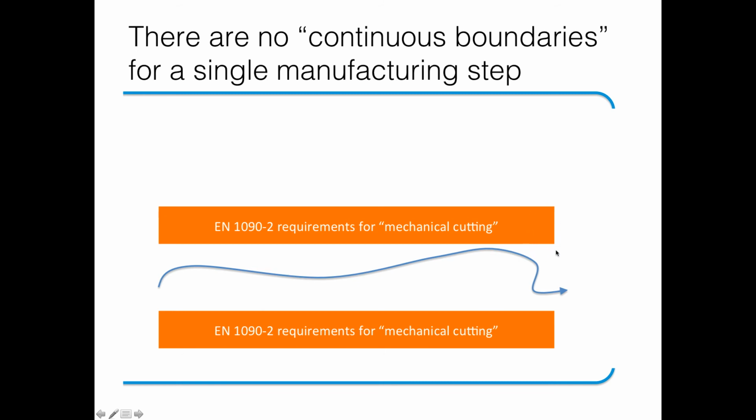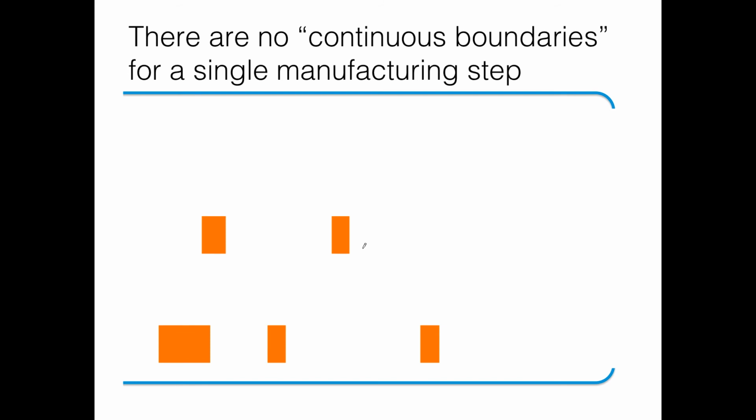But this is not actually the case. A more accurate representation would be to describe these requirements or boundaries or guidelines as sporadic. So there are some requirements that deal with one aspect of the manufacturing, and then there are no requirements for some others, and then we have huge areas of the manufacturing that are not regulated in any way by the standards.